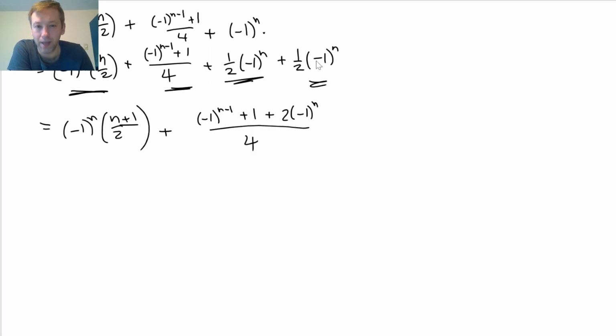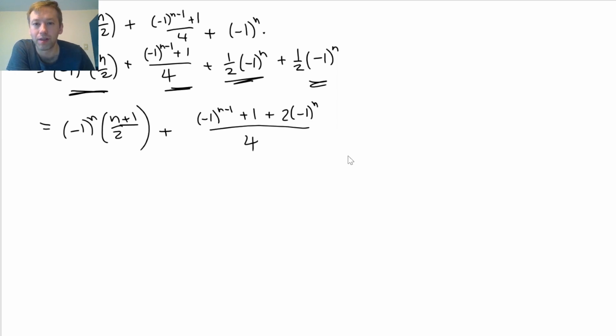If you got these on the same denominator, this is what you would get. Now here's the thing, negative 1 to the n is negative 1 times negative 1 to the n minus 1. So these things kind of cancel.